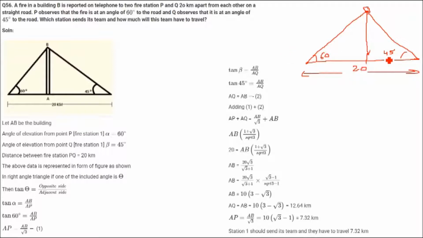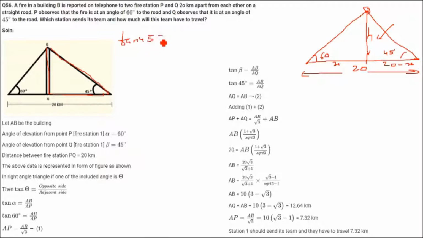Now which station sends its steam, and how much will this steam have to travel? So for this we have to assume this to be h. Now let us say that this is x, so this will be 20 minus x, because this whole is 20. So first, let us take this triangle.